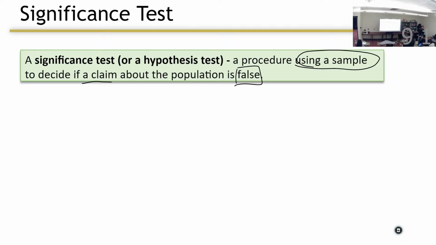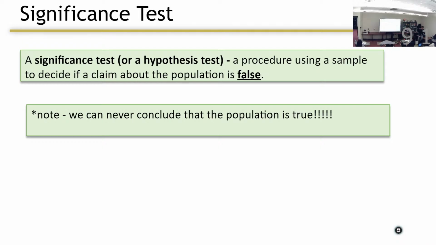We can't decide if it's true; that comes out throughout the lesson. All we can do is say it's false, or we can say it's not false, but we can't say it's true. We use a sample to decide if a claim about the population is false. We do not ever say it's true.